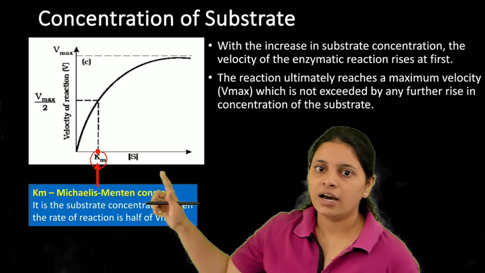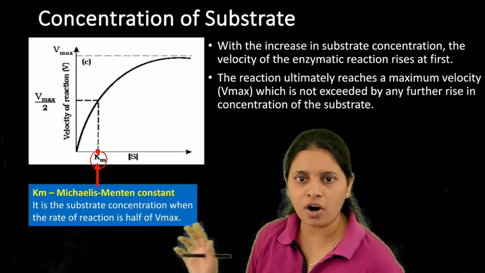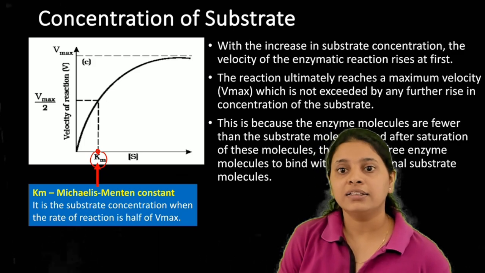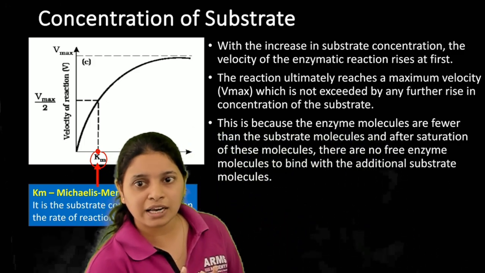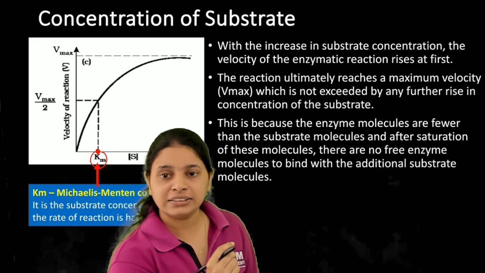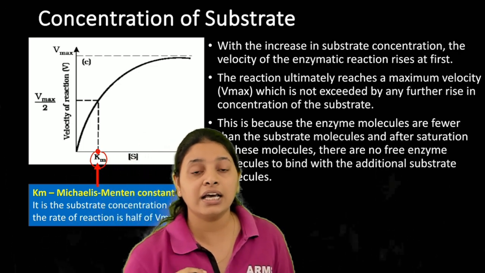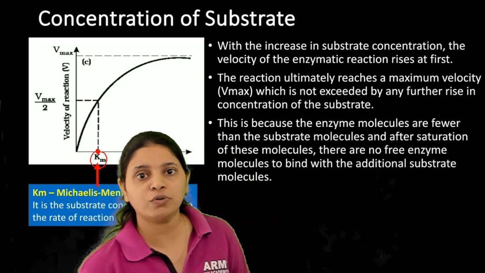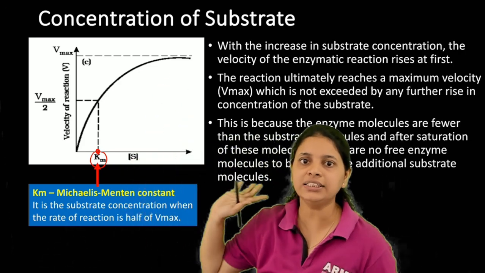So, even if we add double the substrate, the rate will not increase further. This is because the enzyme molecules are fewer, we have less enzymes and more substrate. After saturation of these molecules, there are no free enzyme molecules to bind with the additional substrate molecules, and hence we reach this Vmax.